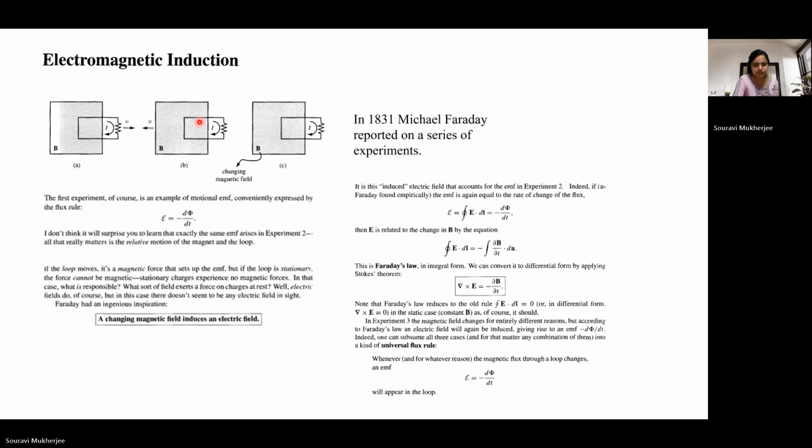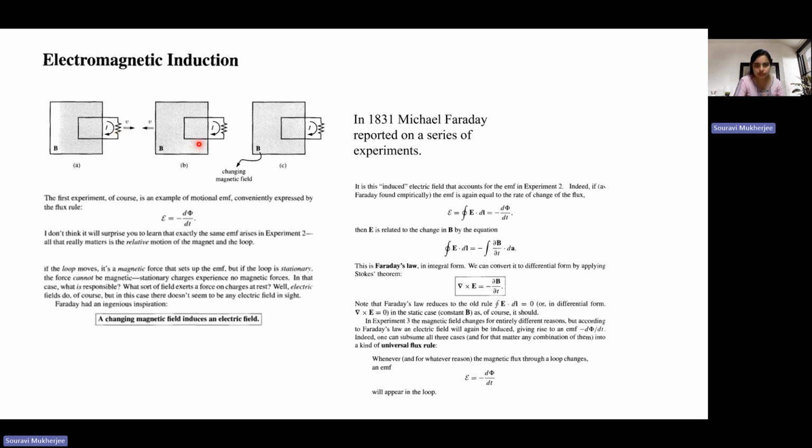Now, what's interesting at this point is that here you are taking the magnet away, or the magnetic region is changed, but you don't have any charge moving, right? In the last case, when you moved this loop, there were moving charges in a magnetic field, so you said there's a force that the charges experience because of the magnetic field.